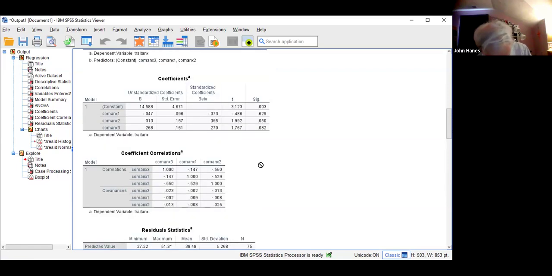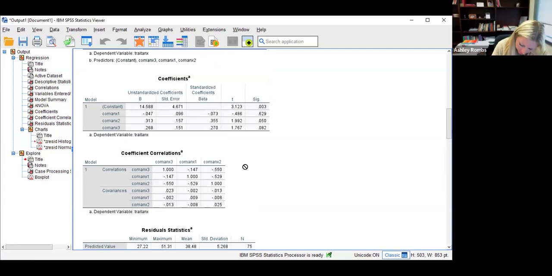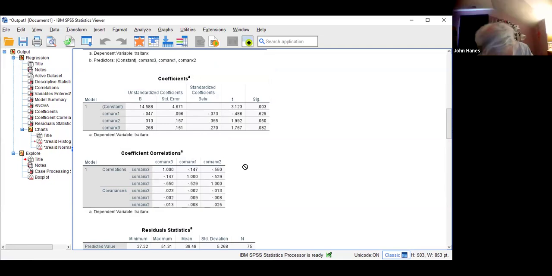So it's negative 0.047 common x1, whatever that might be, and then plus 313 common x2, whatever that happens to be, and 0.268 times common x3, whatever that happens to be. And then that will give you the trend.